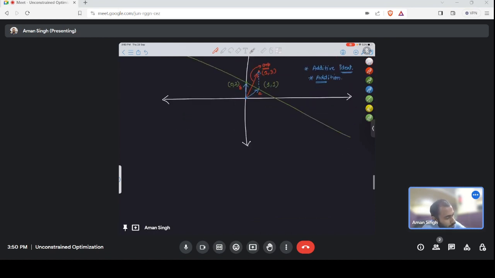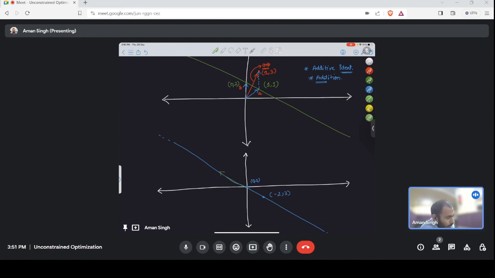As it turns out, for a line to be a subspace of R square, it should pass through the origin. So let's say it passes through the origin and this point. Is this a vector space? If we try to add two vectors on it, we'll again end up on the same line.